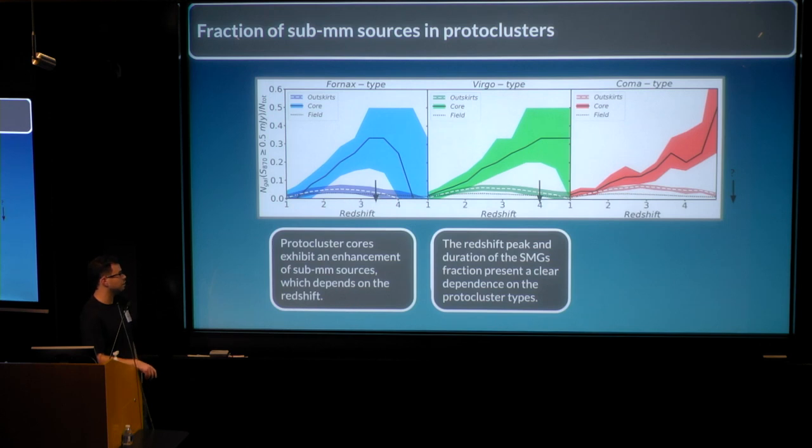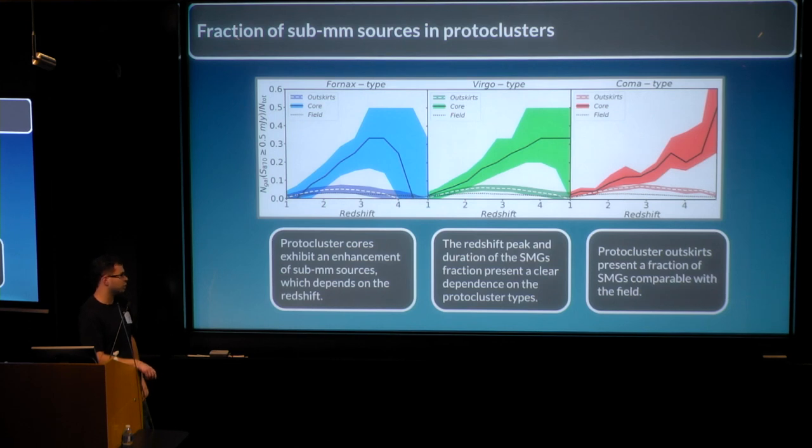Also, there is a peak and a duration of this submillimeter phase, and it shows a clear dependence on the protocluster type. For Coma-type protoclusters, which are the progenitors of the most massive structures, the submillimeter phase and the peak start earlier compared to the lower-mass ones.